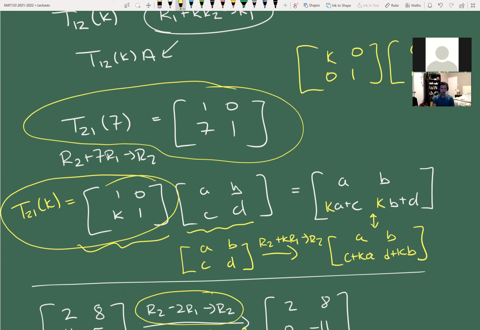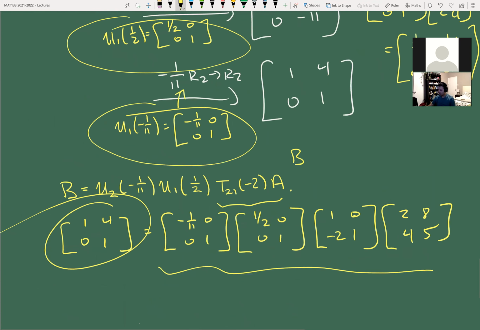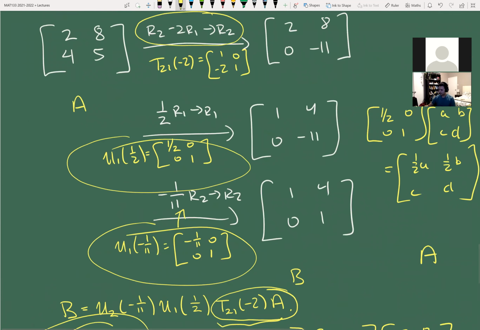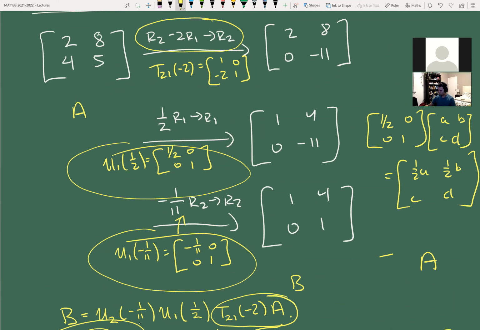The last operation will be the extreme left, right? Every time you apply an operation, you apply it to the left of the total. So I took A, and then I did row 2 minus 2 row 1, and applied that to the left. Then I scaled the row by half, so I multiplied that on the left.